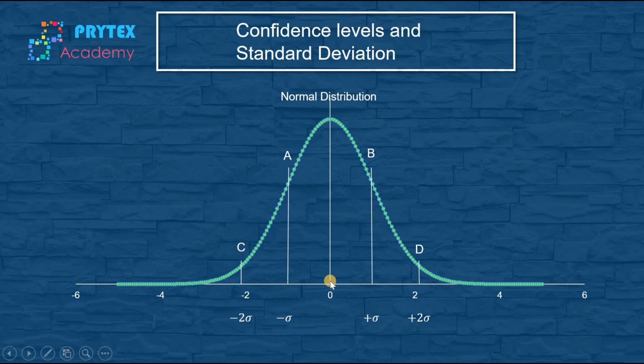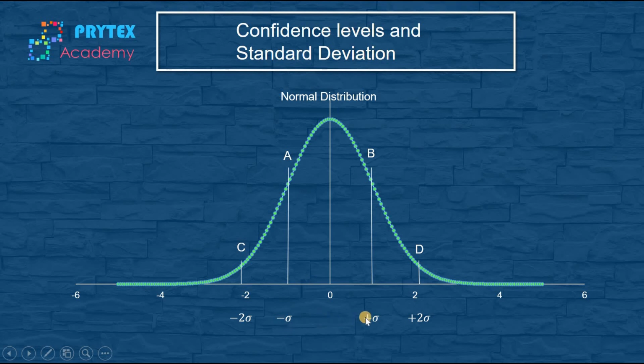0, and 68% of the observations that form the normal distribution plot will fall within a standard deviation of 1. So here we can see that the dispersion from the mean is represented by the standard deviation.